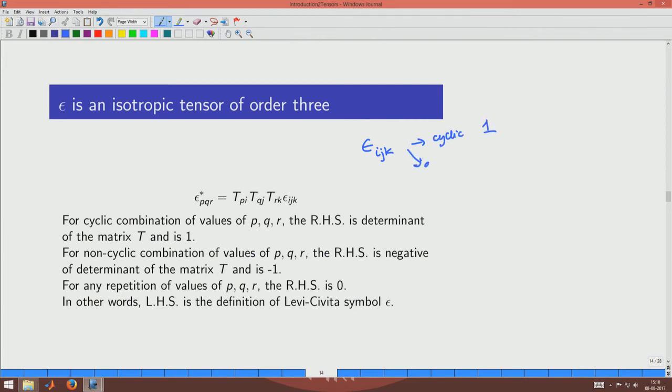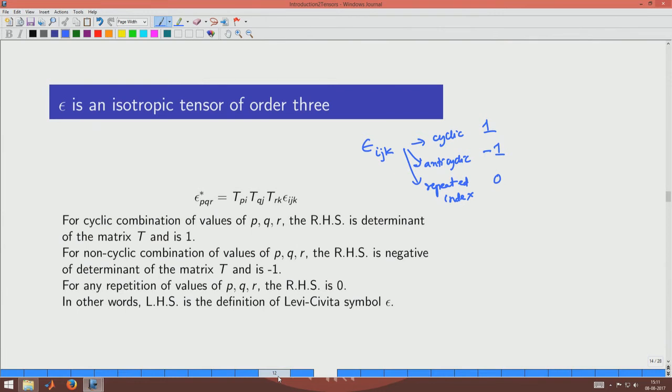If they are anti-cyclic, then you get -1, and if they have any repeated indices, then you get 0. So, it is a bunch of 27 numbers with 3 +1s and 3 -1s and the remaining zeros. Now, this permutation matrix was used by us to define a cross product, and we also used it to define the determinant of a matrix.